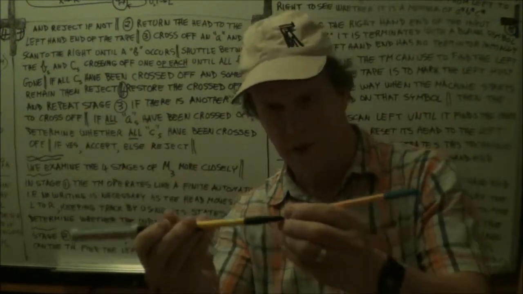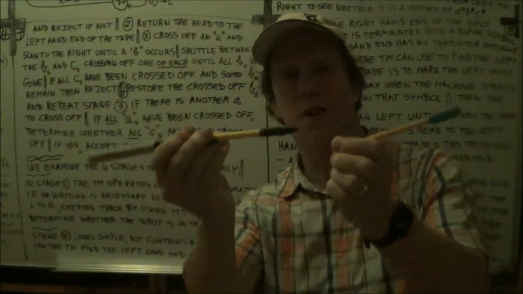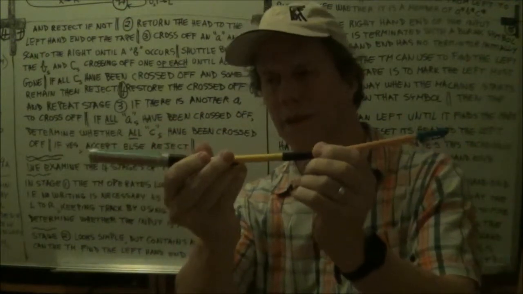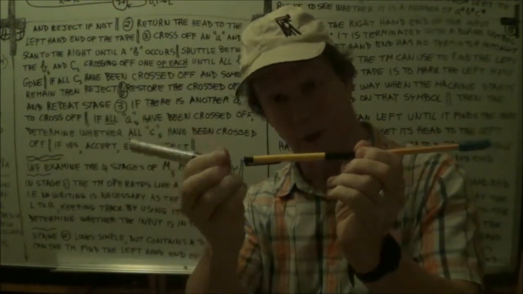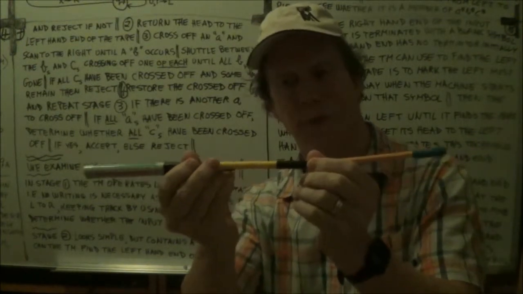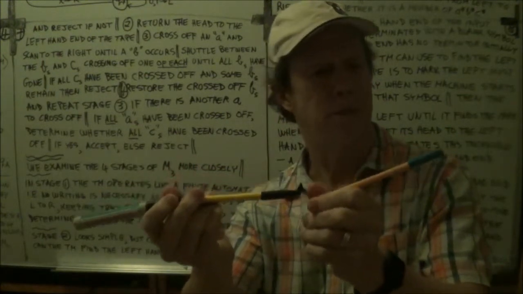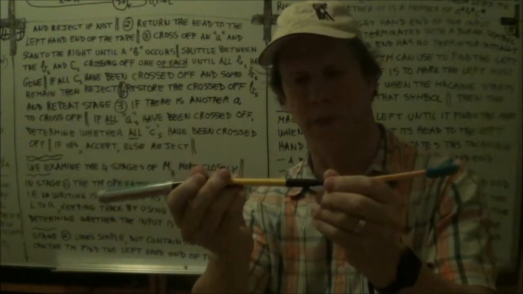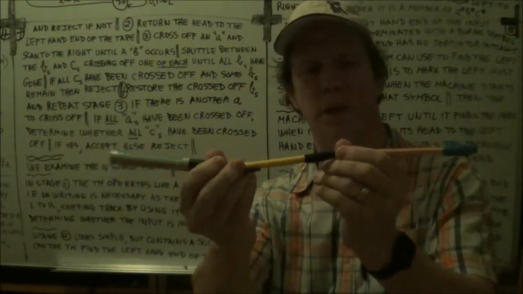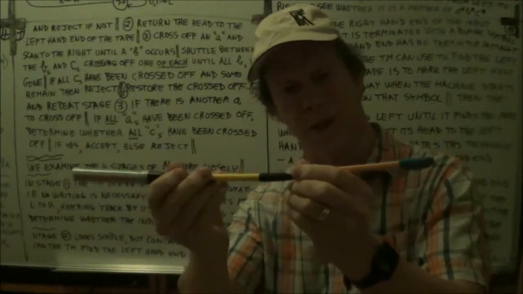Right, so I have here three different pens, and the marker pen corresponds to your block of A's, the symbol A's on your tape. The middle one, that's a ballpoint pen, this yellowy middle one is the block of B's, and this one the block of C's.